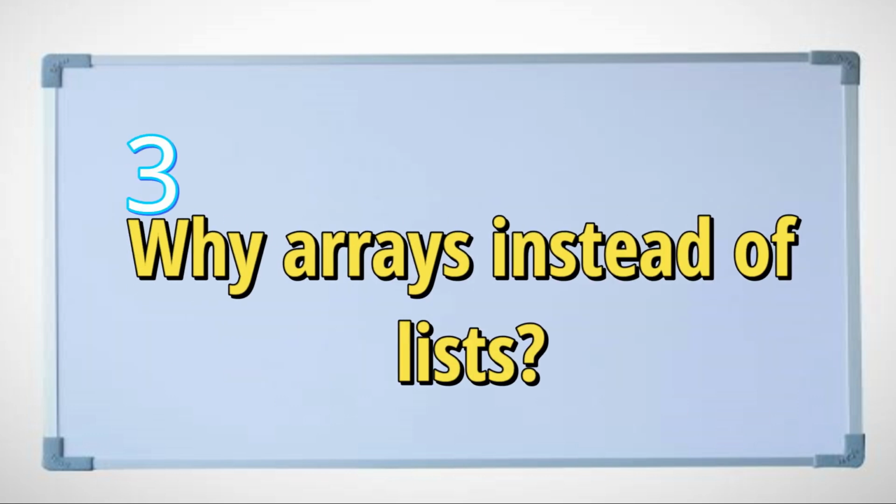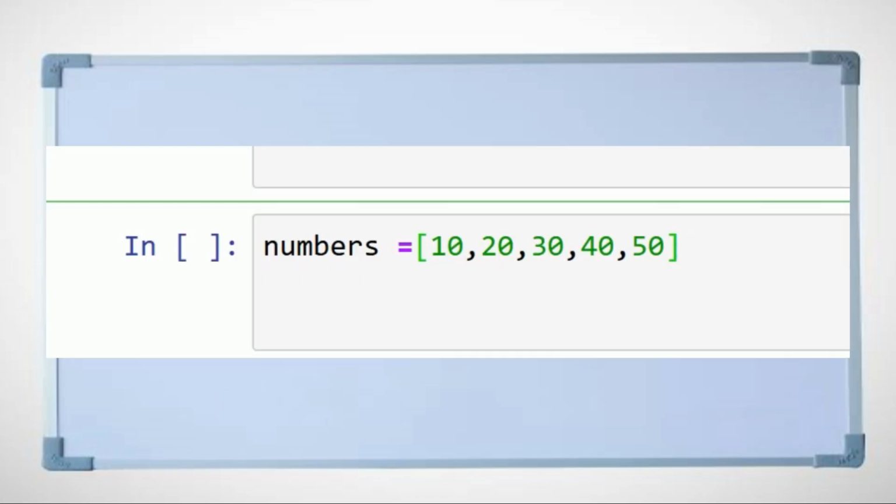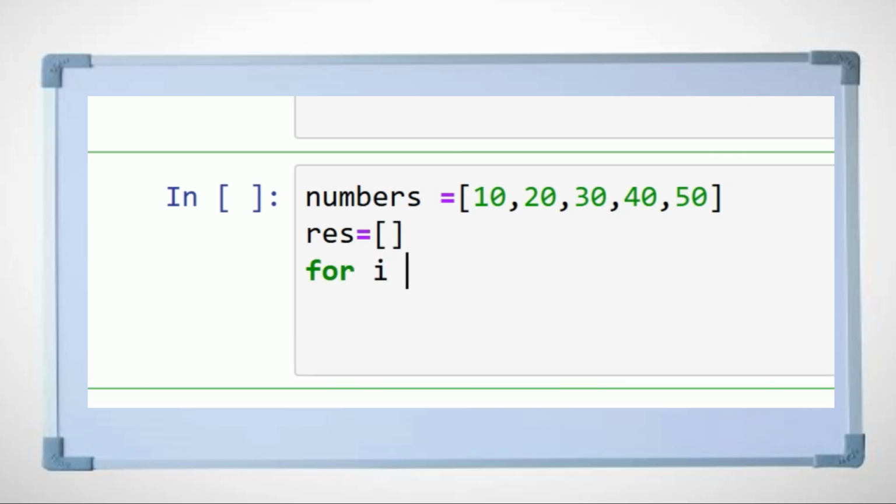3. Why use NumPy arrays instead of lists? Python already has a very useful data structure called a list. So why do we need arrays? Let's take a simple example. Suppose we have numbers equals 10, 20, 30, 40. Now suppose we want to multiply every number by 2. With a Python list, we generally need a loop.